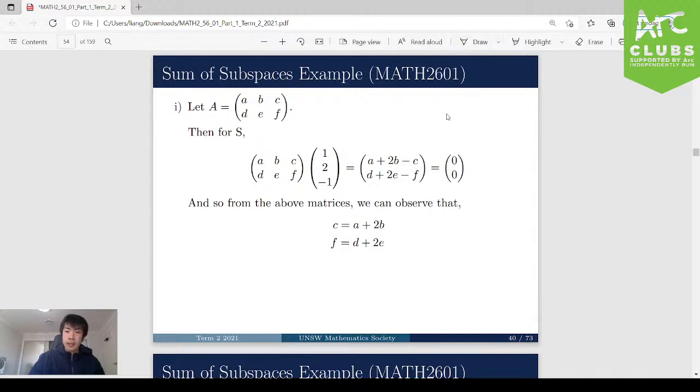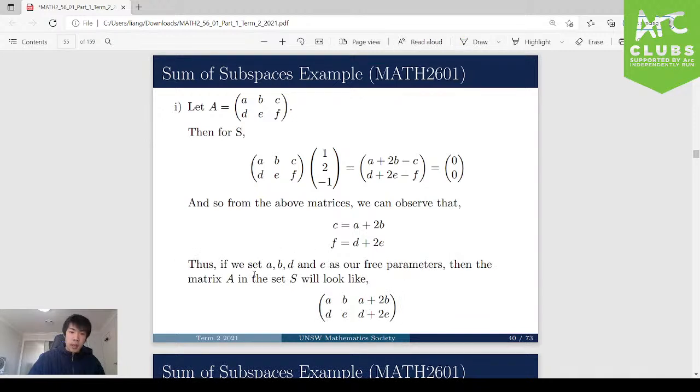And that means that any matrix that's in the set S can be rewritten as this form here. A, B, D, E are free parameters, but then your C and F is fixed. Once you've chosen an A and B, your C has to be A plus 2B, and once you've chosen a D and E, your F has to be D plus 2E, and that's where you get this matrix from.